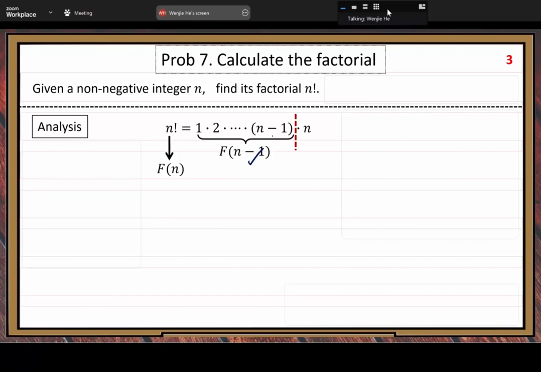If it is available, we can use it to represent our destination function value, f of n. How to represent it? How to use a known old value to represent an unknown new value.